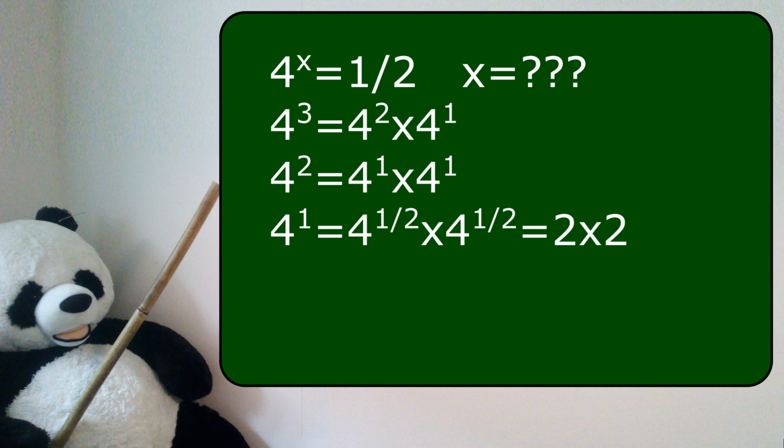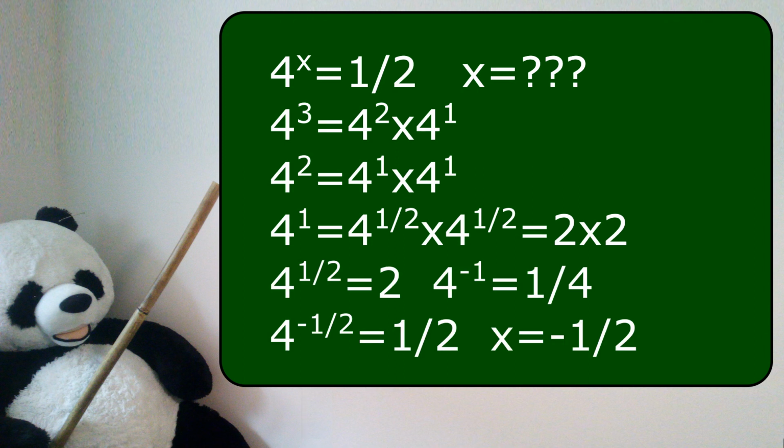And what number can you multiply by itself to equal 4? That would be 2. And so we combine those two ideas and we get 4 to the power of minus 1/2 equals 1/2. So x is equal to minus 1/2.